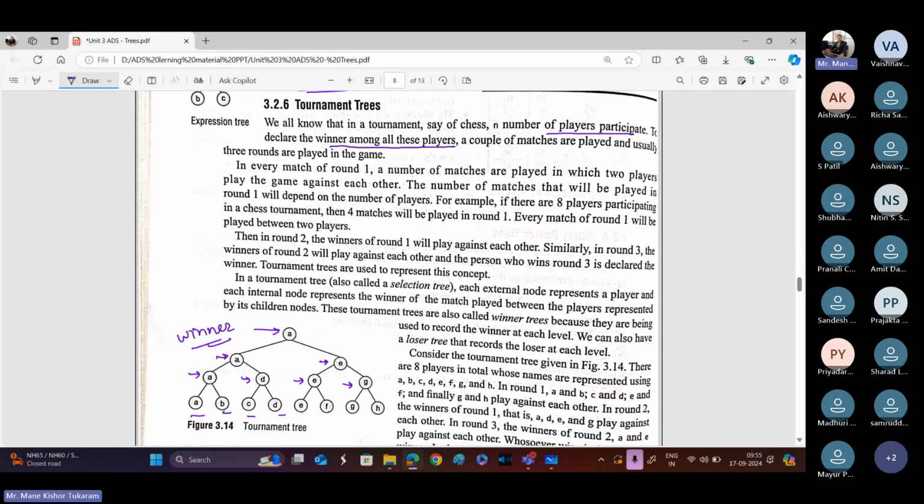At each level there is one particular winner, and we can record that. Whatever concept we saw in the last lecture, the winner tree and loser tree, in the same way we can use it in the tournament tree.